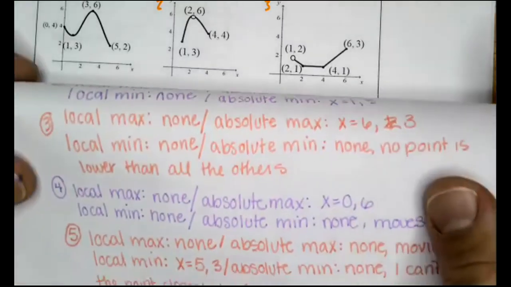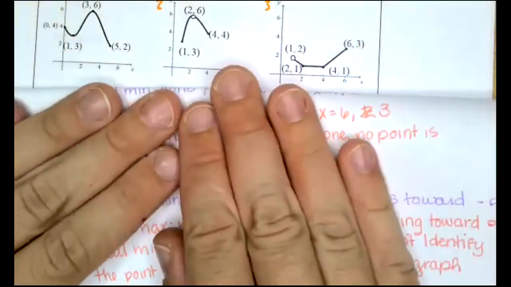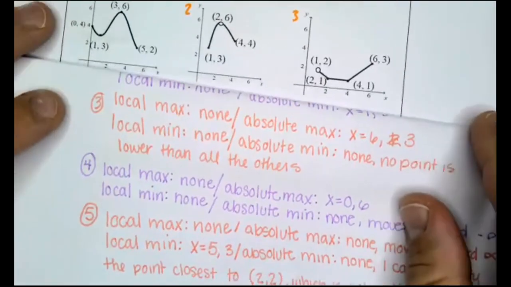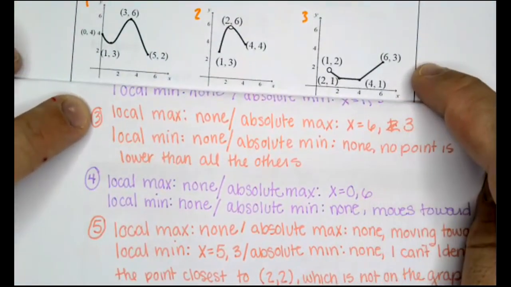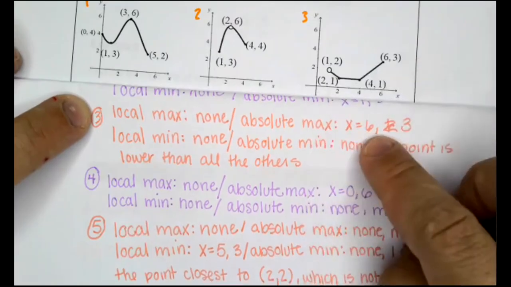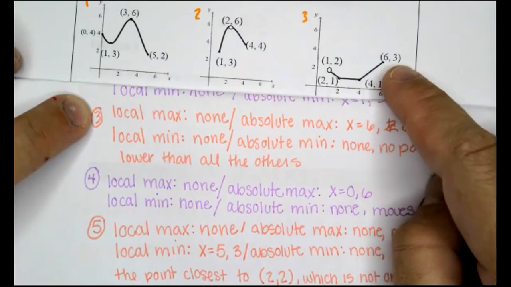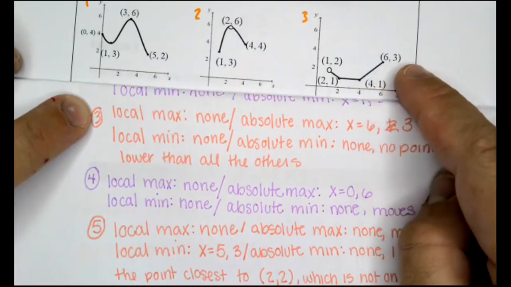So for number 3, the local max is none. There are no hills. There are no hills at all. The absolute max is where X is 6 and a height of 3. Okay.